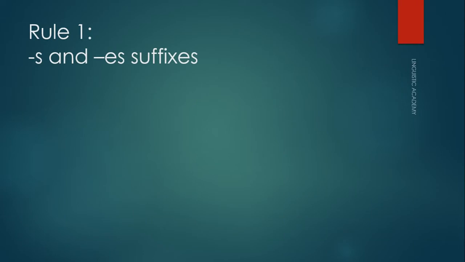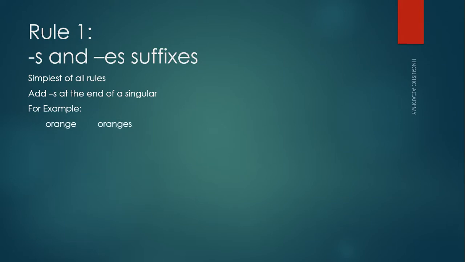Rule 1. S and ES suffixes. Rule 1 is the simplest of all the rules. According to this rule, we add S at the end of a singular object. For example, orange, oranges. Book, books.